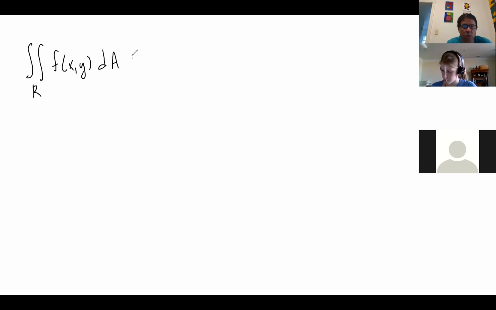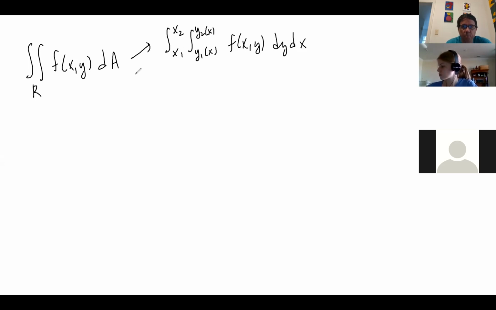And you can either write that as x1 to x2 and y1 as a function and y2 as a function, and that would be integrated dy dx. We've seen that if you want to write it the other direction, it would be numbers for y's and then functions.